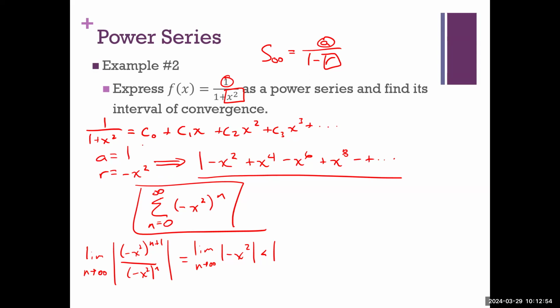So the simplification just left us with the absolute value of x squared. Not really a limit anymore, but what I do have is x squared is less than 1. What does it mean for x squared to be less than 1?